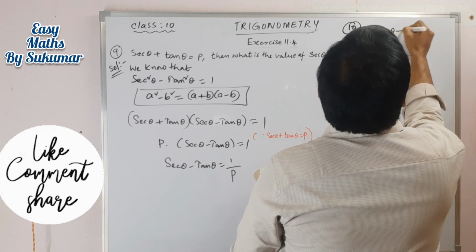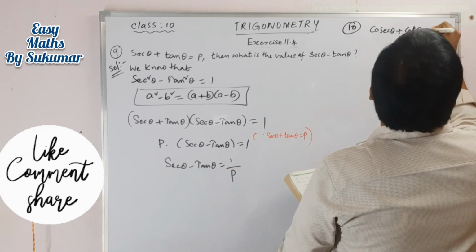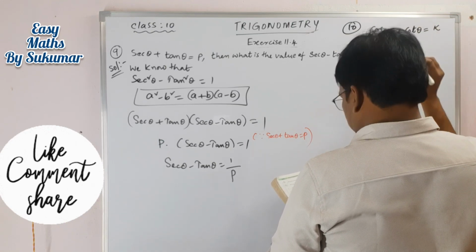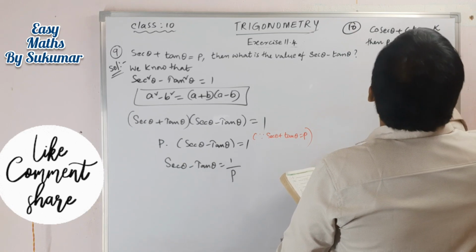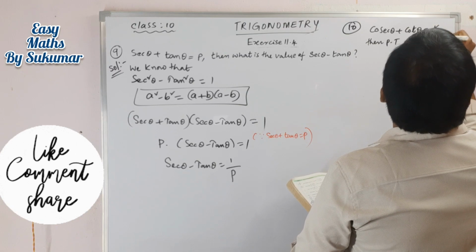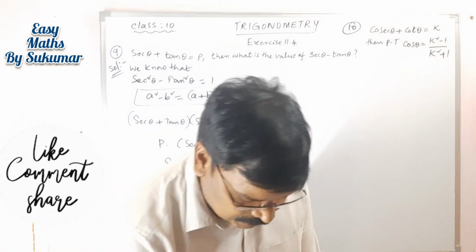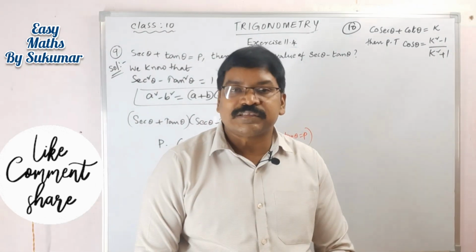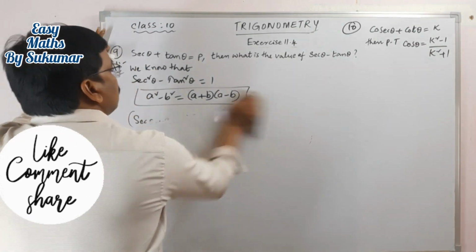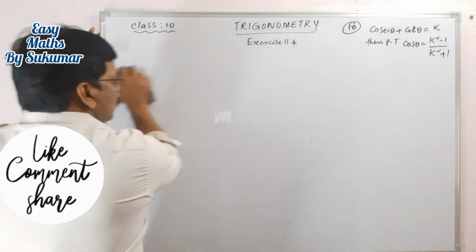If cosecant theta plus cot theta is equal to k, then prove that cos theta is equal to k square minus 1 by k square plus 1, right? Actually, it needs more space to prove this statement. What is given here, my dear students? This 10th question is very important for AP board students.